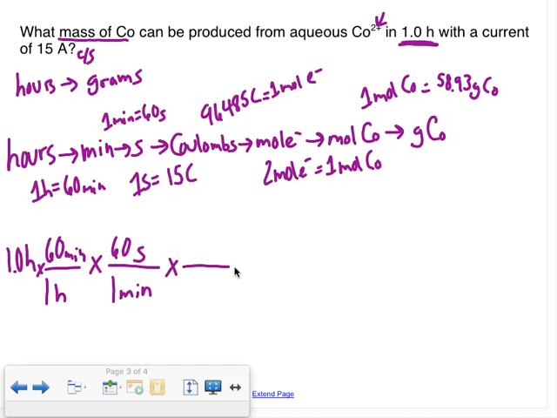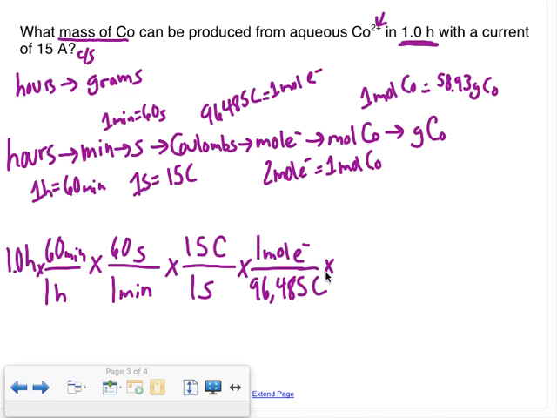Then we'll convert coulombs to moles of electrons using Faraday's constant. So 96,485 coulombs is the charge of 1 mole of electrons. And then we can go from moles of electrons to moles of cobalt, and since we're going from a charge of 2 to a charge of 0, that's 2 moles of electrons per 1 mole cobalt.